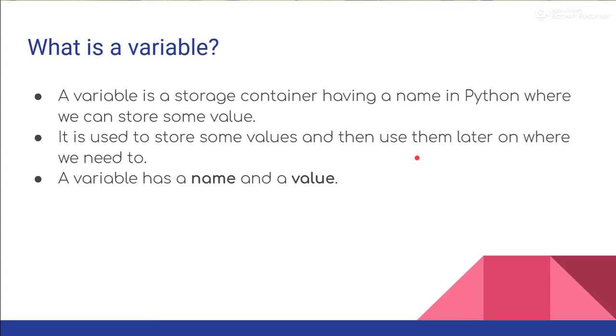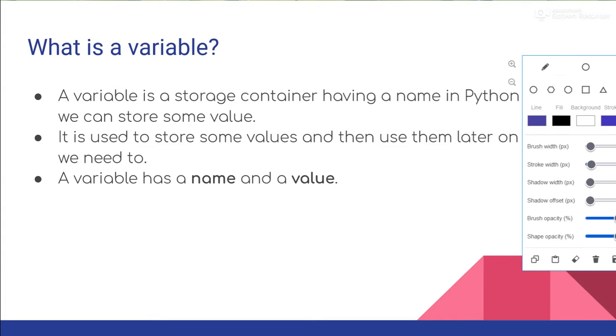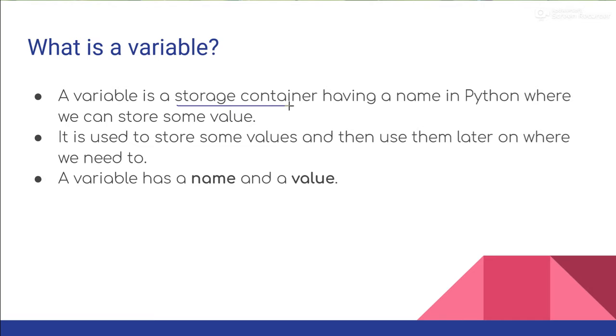First of all, we are going to take a look at the concept of variables. Now, what is a variable? A variable is a storage container having a name in Python. It's a storage container basically having a name, where we can store some value.